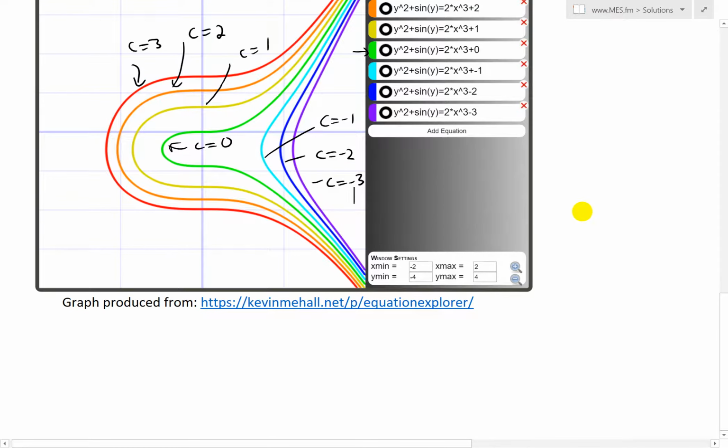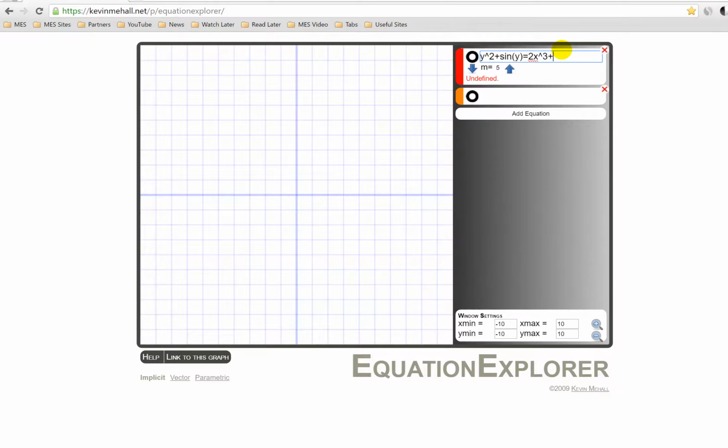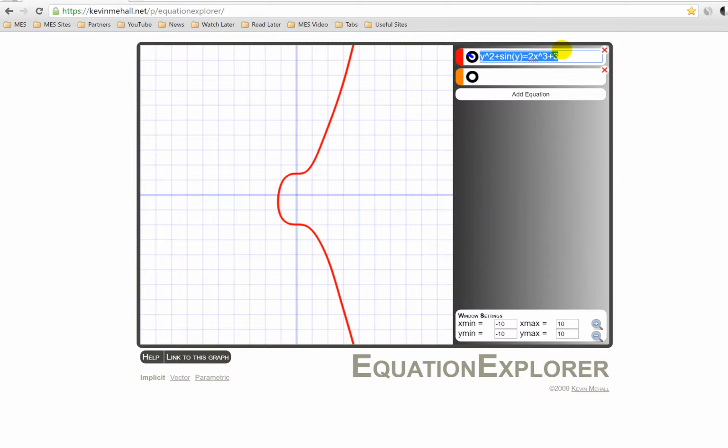Now if we go to this website, you can basically just type those in. If we go with 3, you can add an equation, copy this, paste it here, and change this to 2, and it automatically graphs it out.